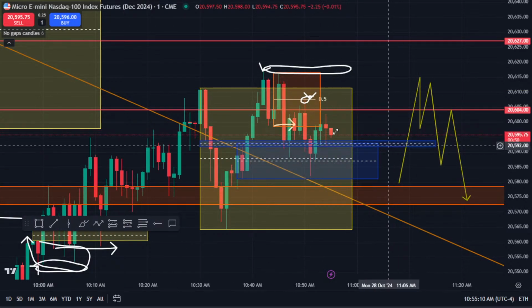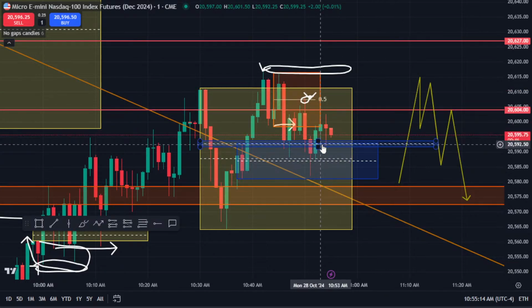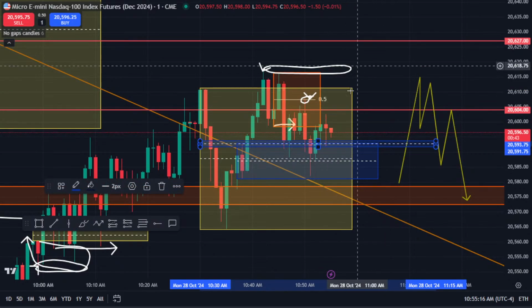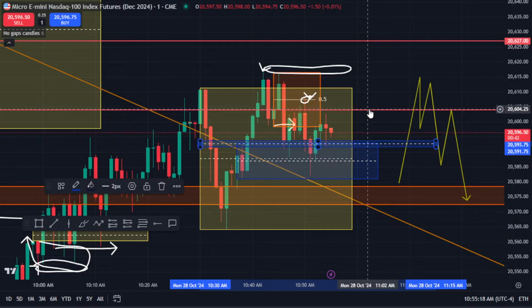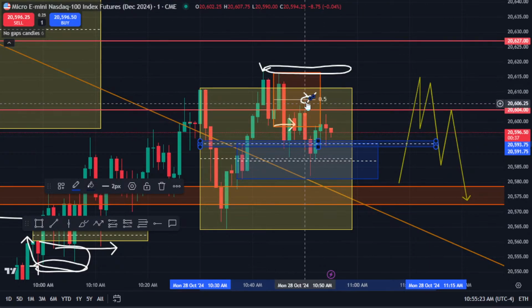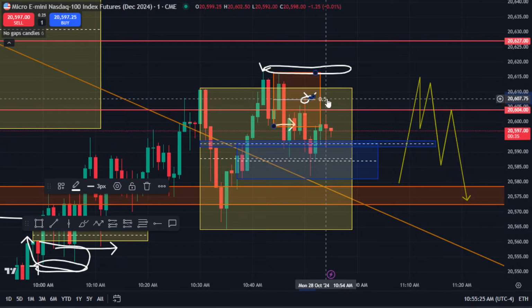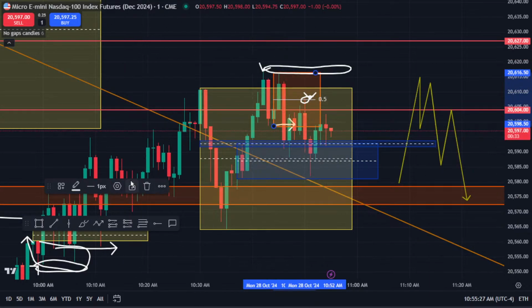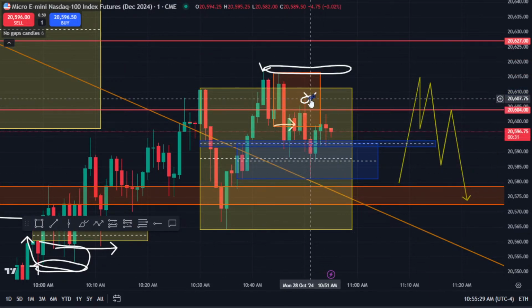No, because we close back low. Let's just see what this next rally does. If you're just going to wick this candle, clean it up.